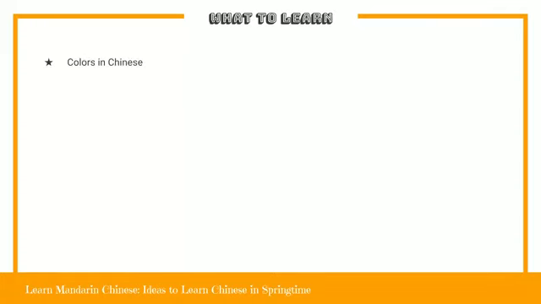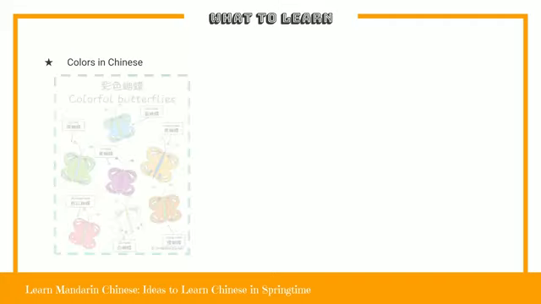So what other things can we learn? Spring is a time to introduce colors, to teach the students colors, because it's a beautiful, colorful season with all the flowers, butterflies, birds, so many colors.